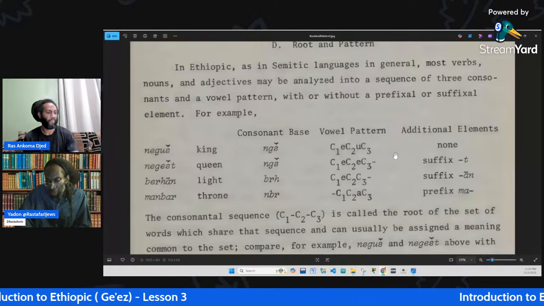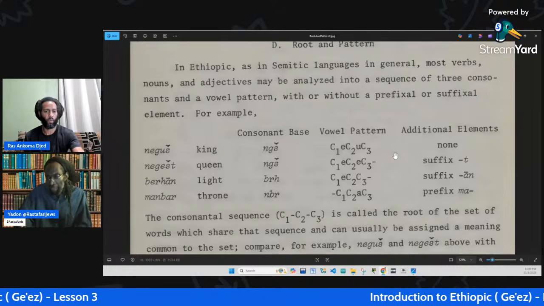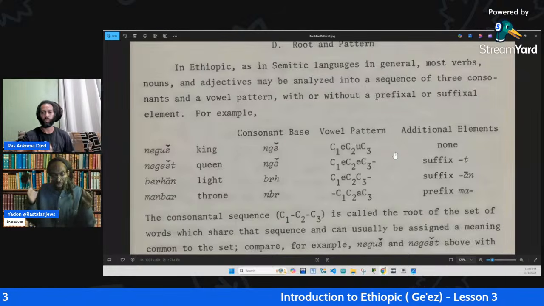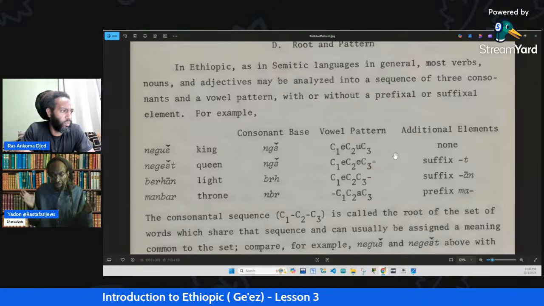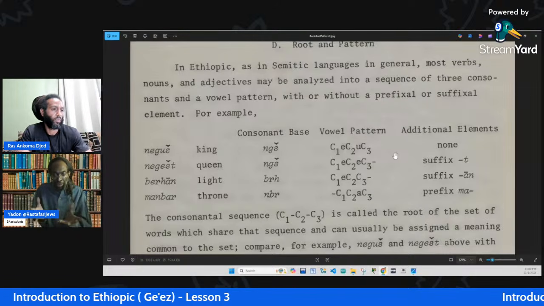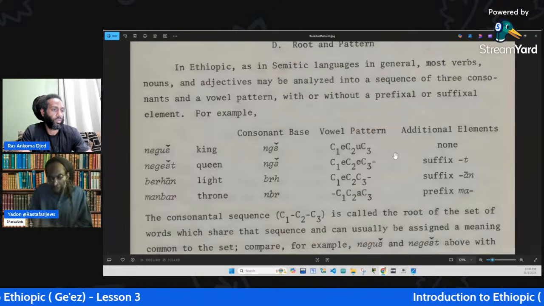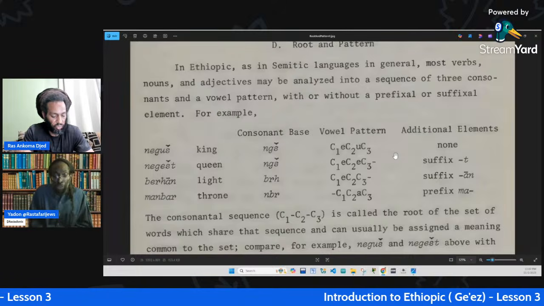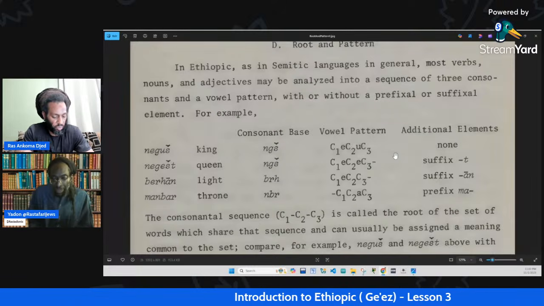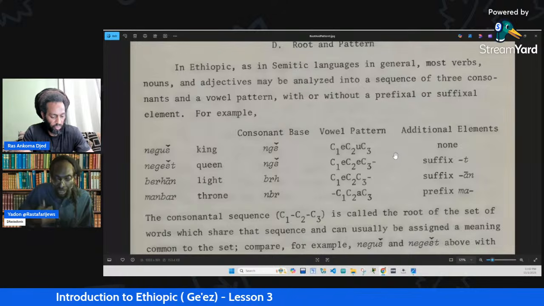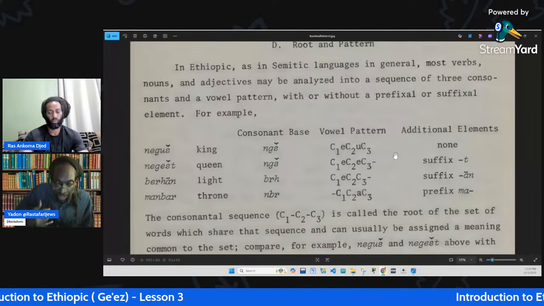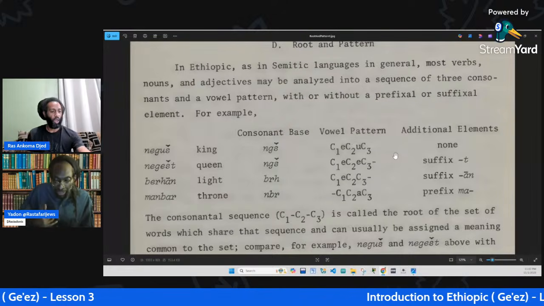Now, going on, it says additional elements. So this is the noun for king, right? There's no suffix. It's just a pure noun, negush. Next up is the word for queen, negisht, right?